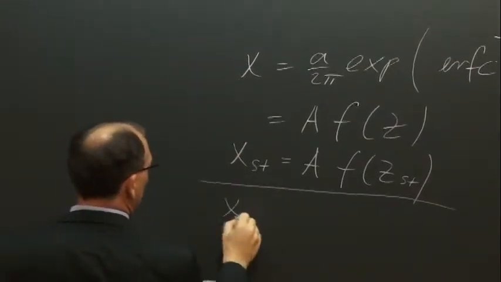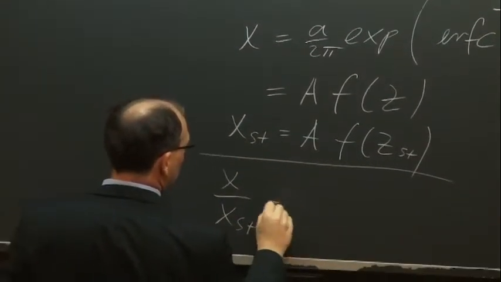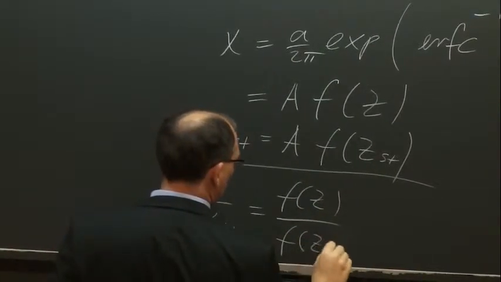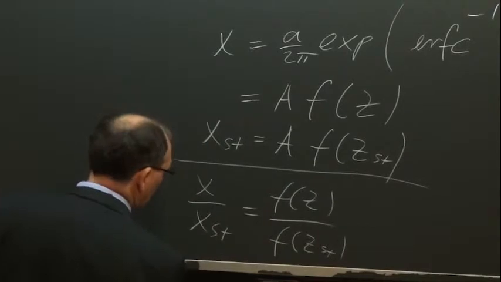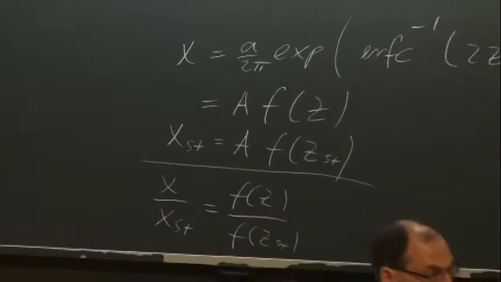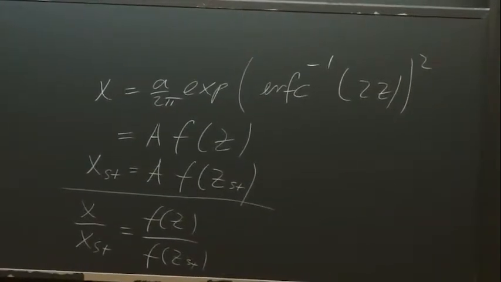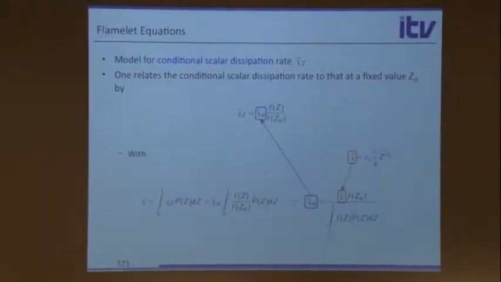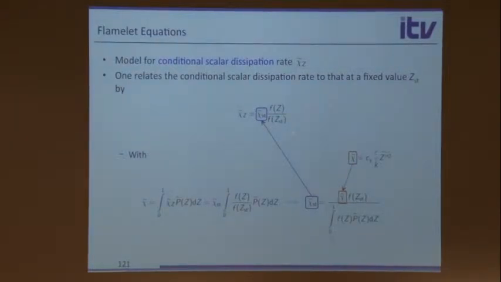So I get chi divided by chi stoichiometric is equal to f of z divided by f of z stoichiometric. And the f of z stoichiometric, of course, I can evaluate easily. And then you see, I can specify the dissipation rate like this, where this is a parameter. This is now the free parameter, but it's not a function anymore. It's just a single value. And the rest are just evaluated at z and z stoichiometric. These can be easily evaluated.